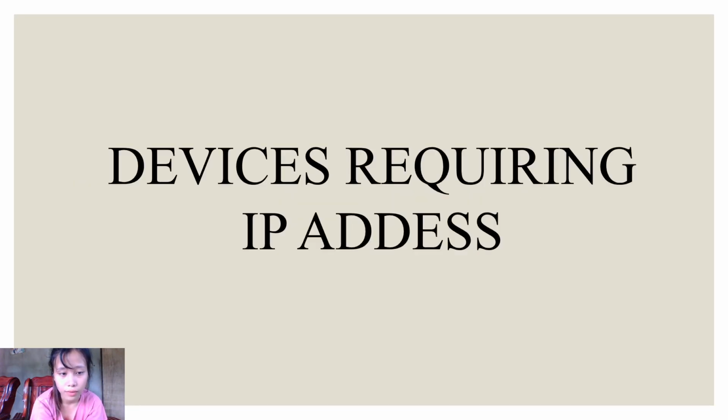For the next one, these are the devices requiring IP addresses. The first is computers, especially laptops, file servers, and web servers. Then network printers, VoIP phones, security cameras, smartphones, and mobile handheld devices such as wireless barcode scanners and other stuff.